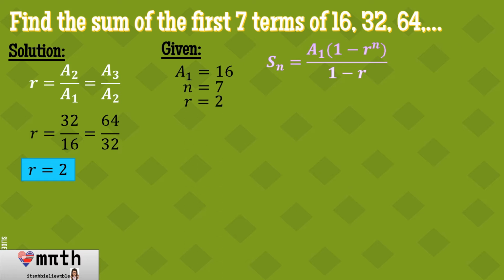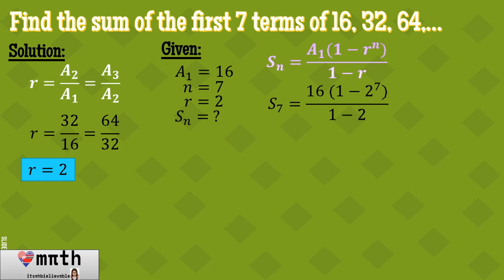And r is equal to 2, and we're going to look for the value of S sub n. Upon substituting the given values, that will be S sub 7 equal to 16 times 1 minus 2 raised to 7 all over 1 minus 2. In this case, we can simplify the exponent.